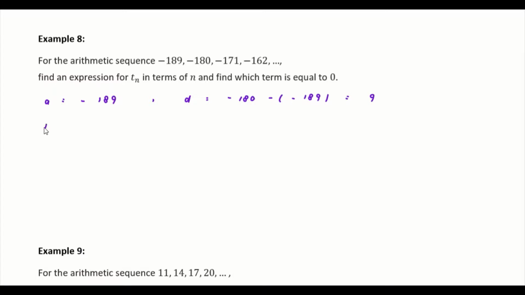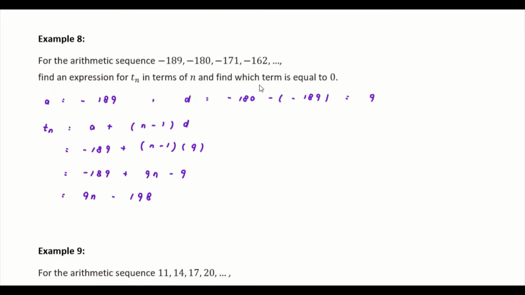So after we got this, now the nth term is equal to a plus n minus 1 d. So a is negative 189 plus n minus 1, the d is 9. So let's expand it, plus 9n minus 9. So we have 9n minus 198. Okay, so this is what we got.